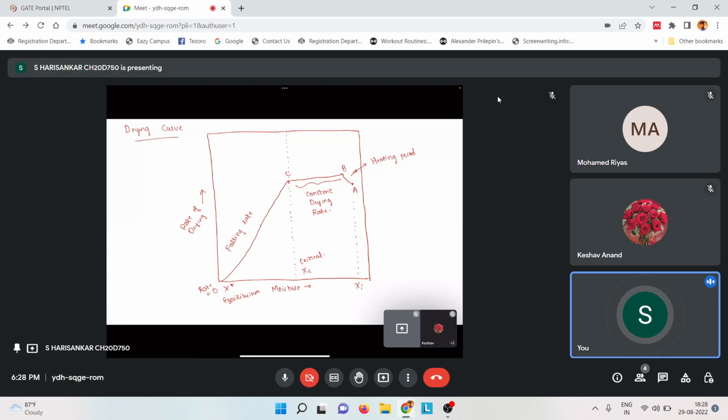So we have learned a lot of terms like bound moisture, unbound moisture, and so on. Generally, the constant rate regime usually takes care of the unbound moisture. So all the moisture which is very easy to remove is usually removed at this constant drying rate, and the drying happens very fast.